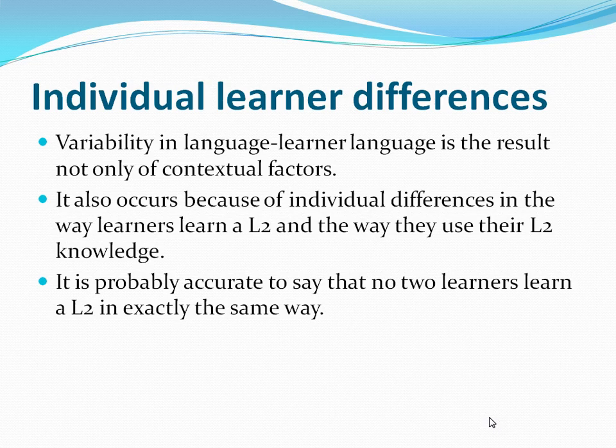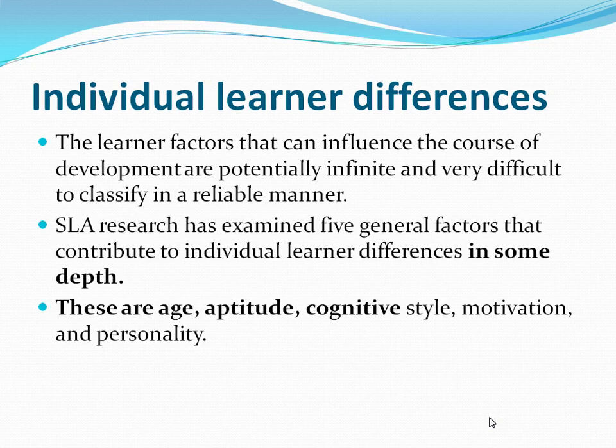It means that if there are approximately 30 students, 30 students will be learning the same language L2, but their learning strategy is different. 30 different ways they will be learning. What are the differences? That is the title, individual learner differences. What is the matter? How and in which way they are different from each other.